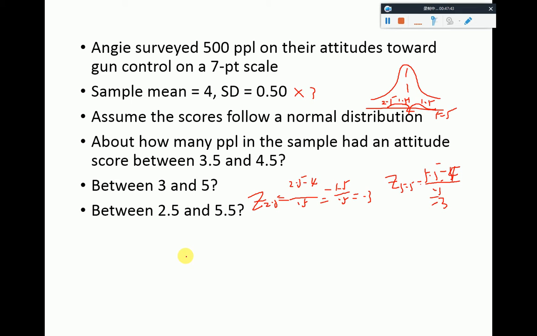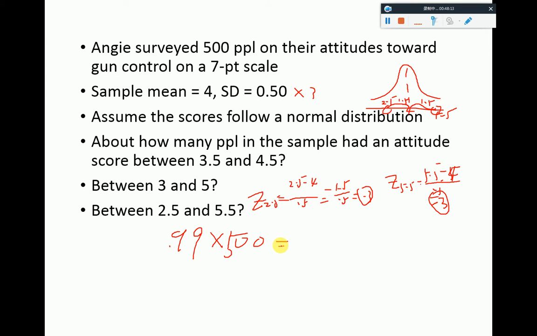The third statement of the empirical rule says that for any value that falls within 3 standard deviations around the mean, that's 3 standard deviations below and above the mean, the probability is 0.99. So that's why we use 0.99 to multiply with 500 people.